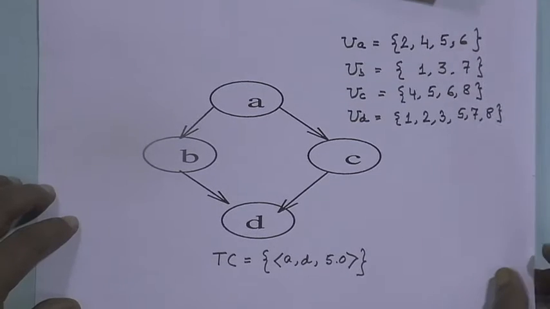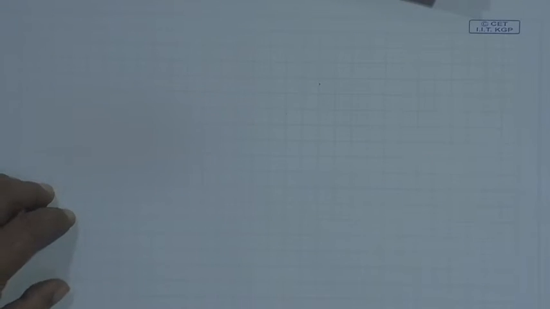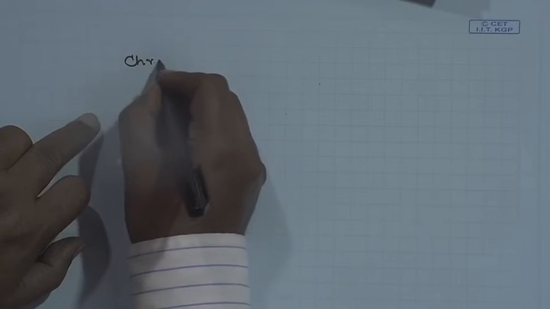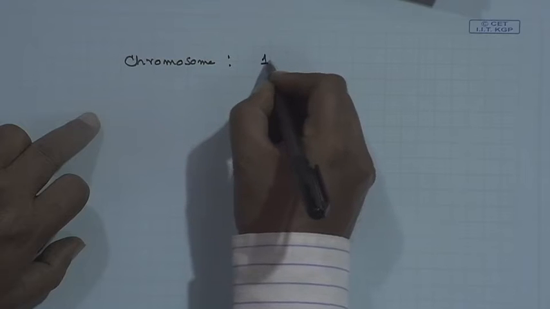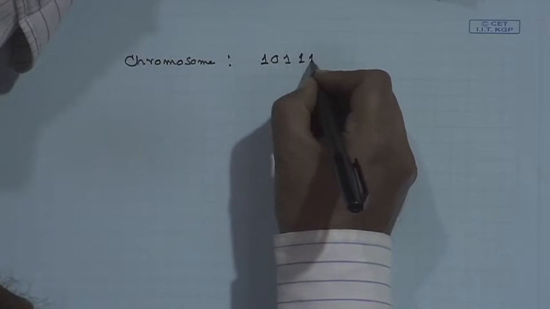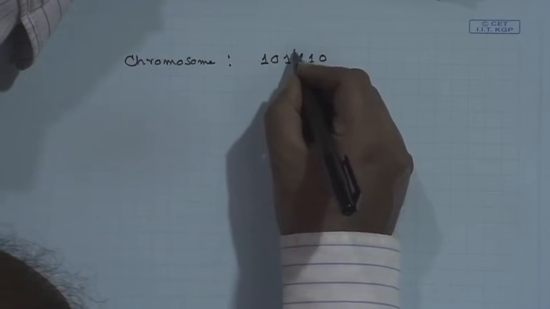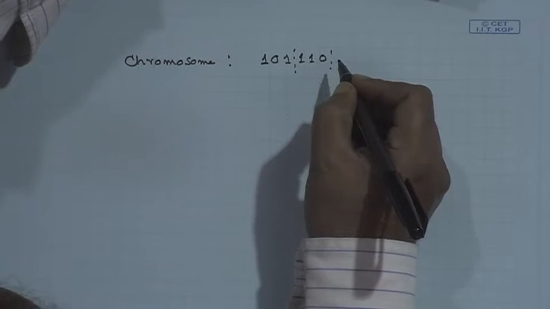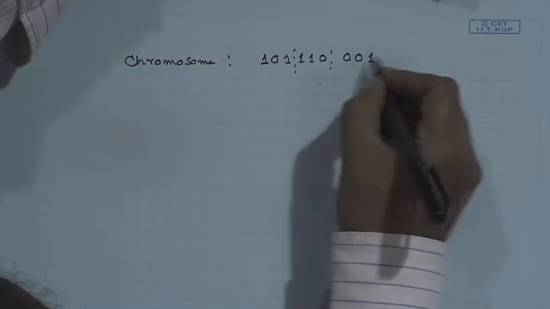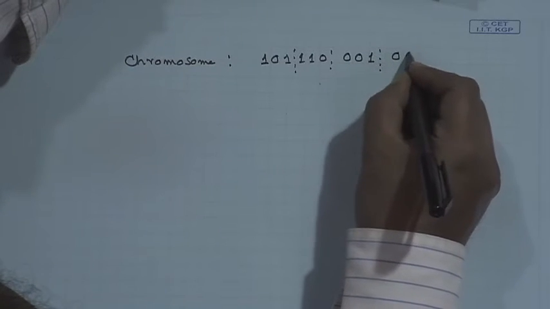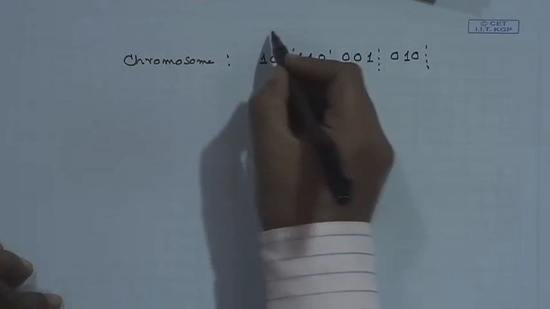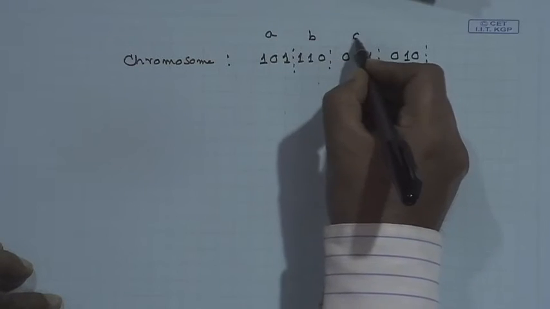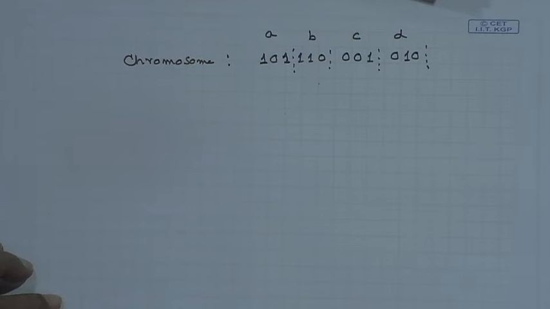Now, suppose I take a chromosome, say 101, 110, 001, 010. Okay. As a solution for A, solution for B, solution for C, and solution for D. Right.